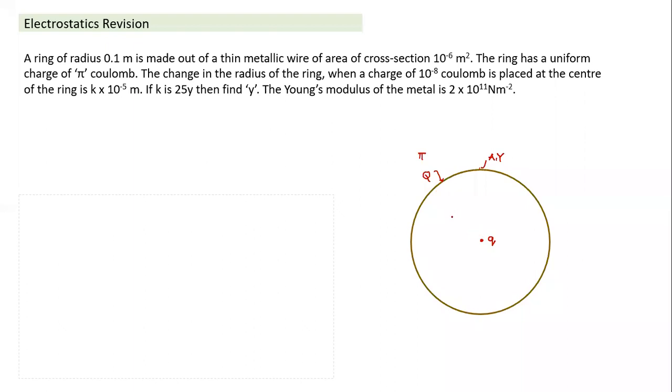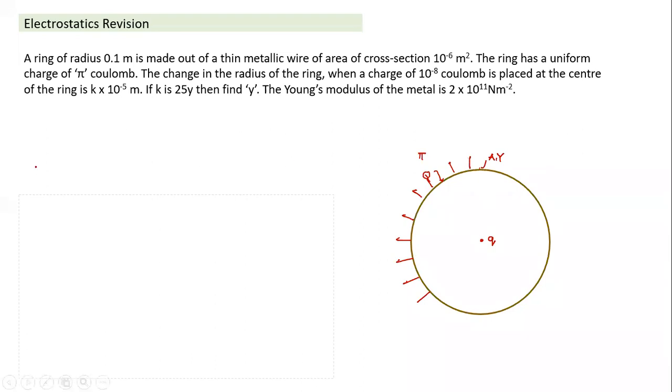We understand that due to this charge here, electrostatic force of repulsion will start acting. Every part of the ring will experience a force like this, in the radially outward direction if the charges are of the same sign. When the radial force is acting like this, it will create tension in the ring.